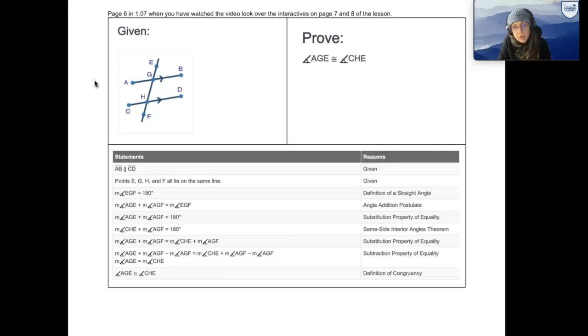notes on. So what do we know about this, right? What's given to us is this set of parallel lines with a transversal. And what they want us to prove is that AGE is congruent to CHE.